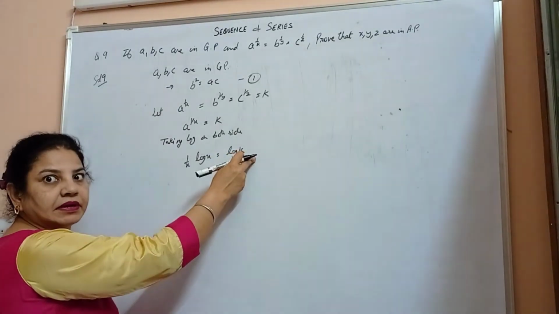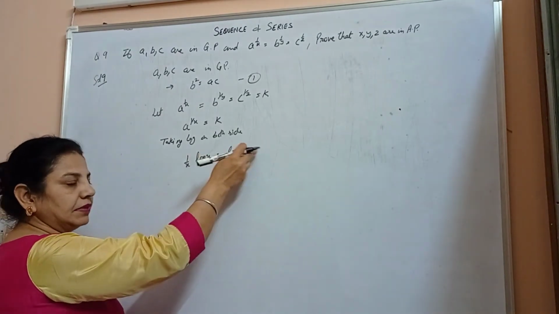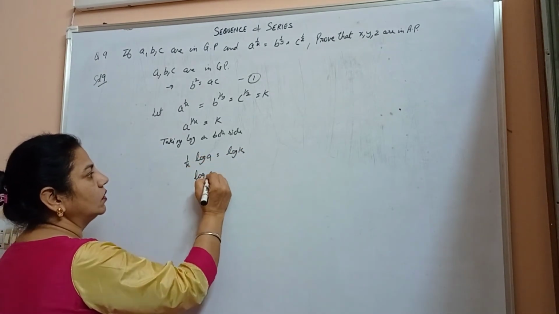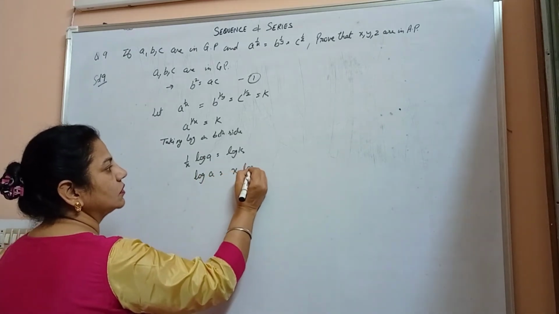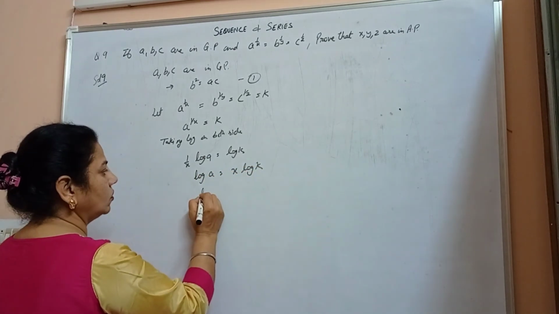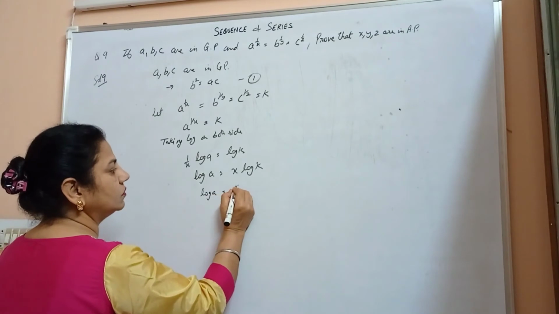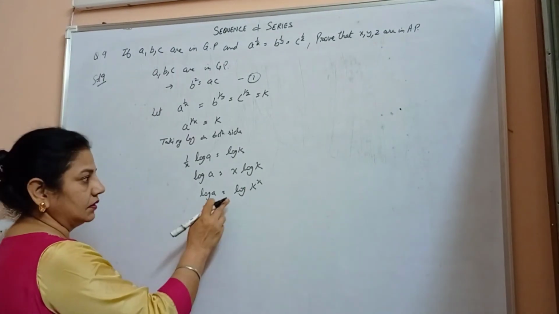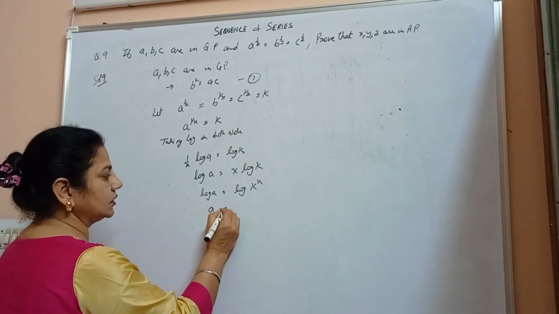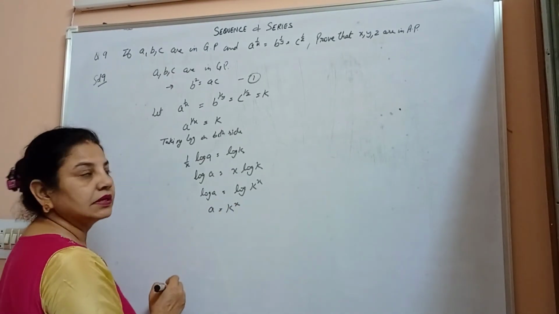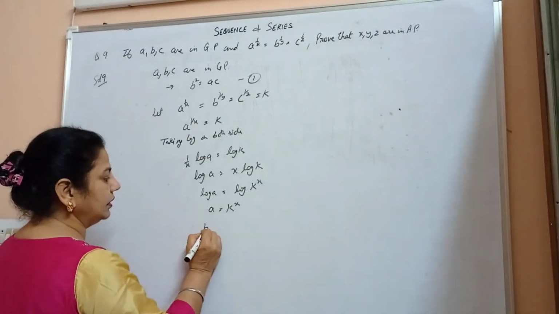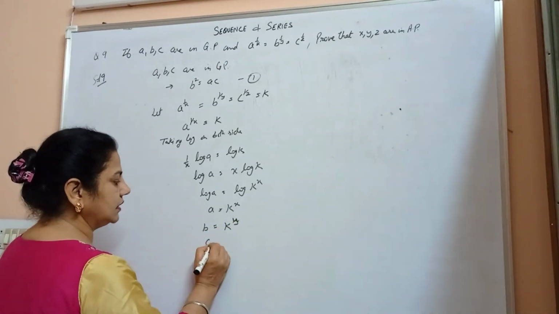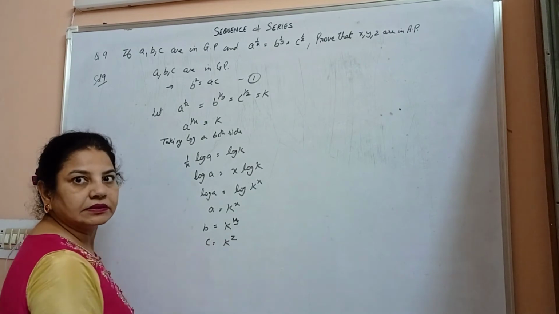This x multiplied to the right hand side, I get log a is equal to x times log k. So log a is equal to log k to the power x. So deleting log, I get a is equal to k to the power x. Similarly, I will get b is equal to k to the power y, and c is equal to k to the power z.